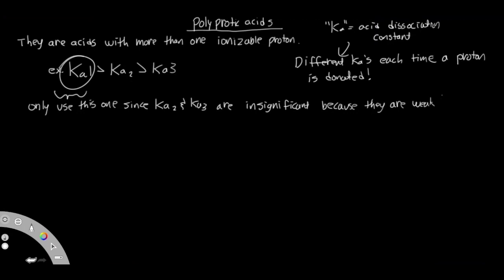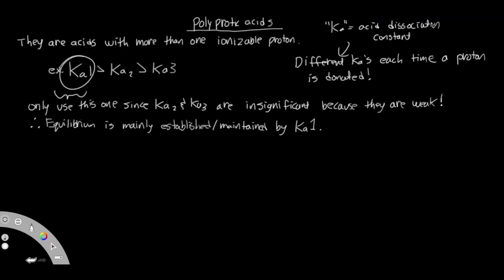And you're going to see this in a practice problem a little bit later on. Therefore, equilibrium is really only maintained by that first value of the Ka, Ka1.